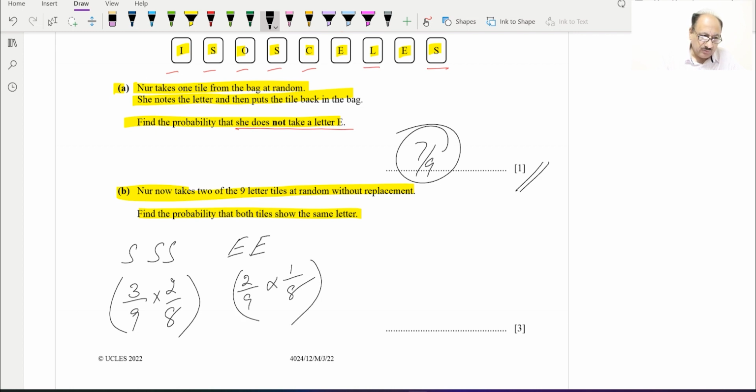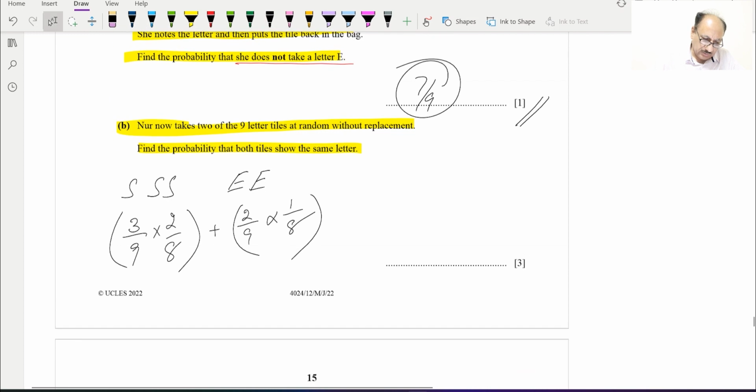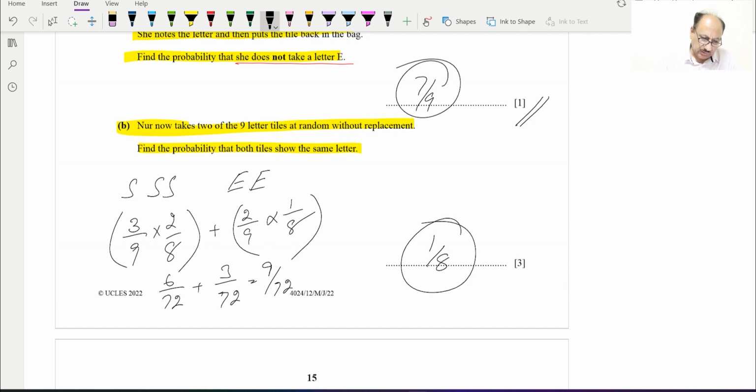So these are the possible probabilities which we can add, and if we add, what will it be? First we need to multiply. So basically this will be 6 out of 72 plus this will be 2 out of 72, because it should not be 3, it should be 2 basically.